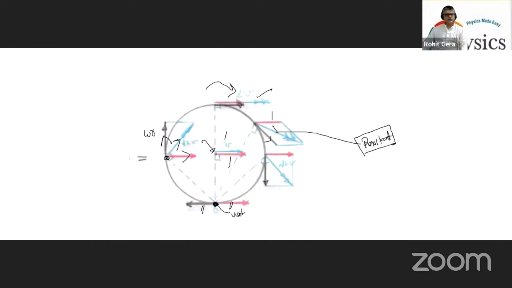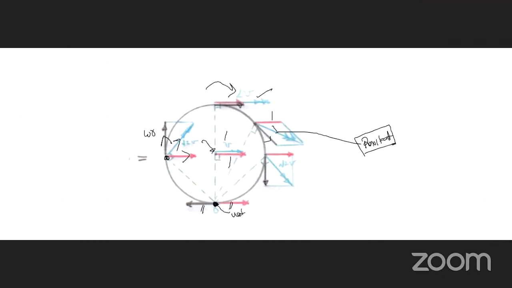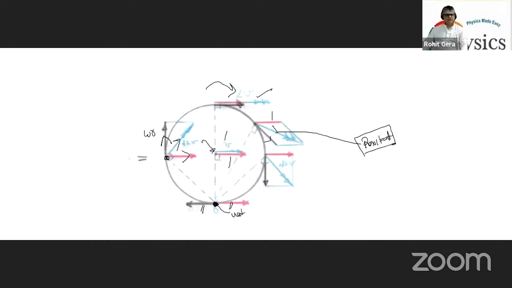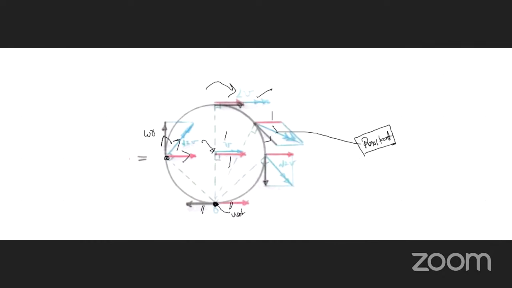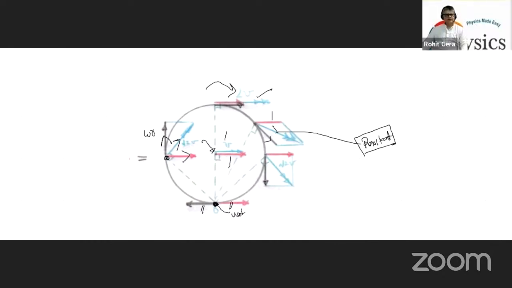Now go to the previous animation and click on see velocity, acceleration and path. You can click one by one. Look at the acceleration in the center.